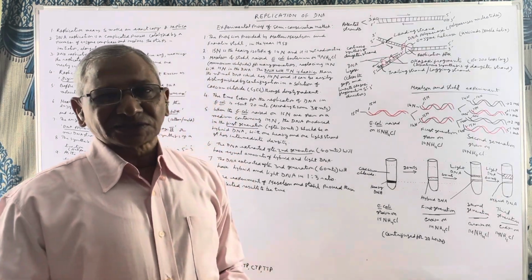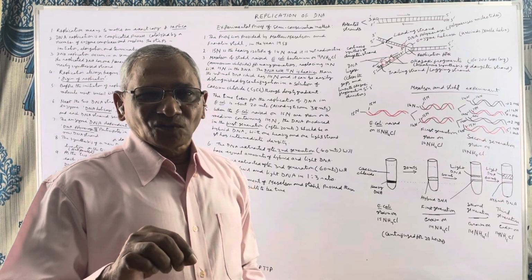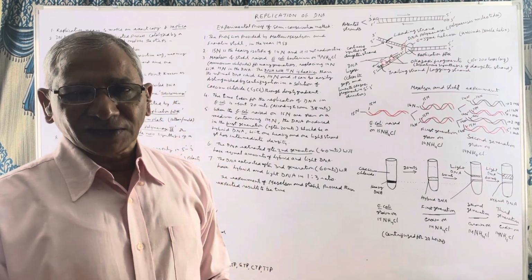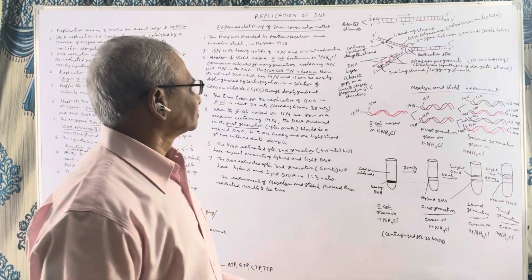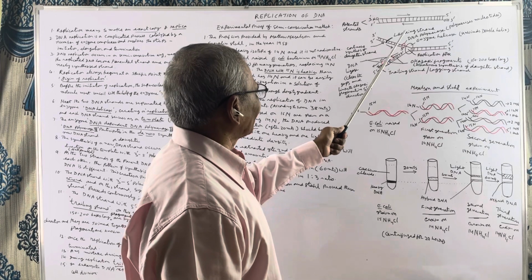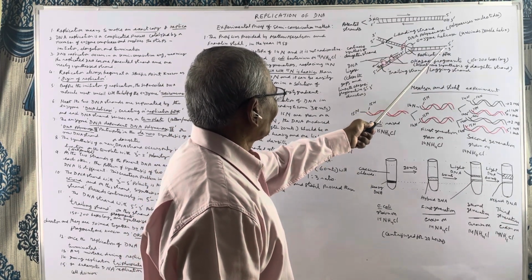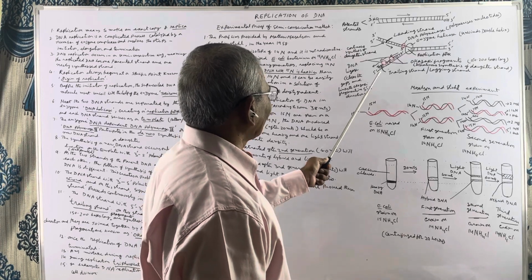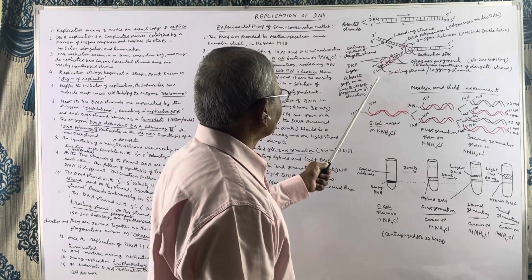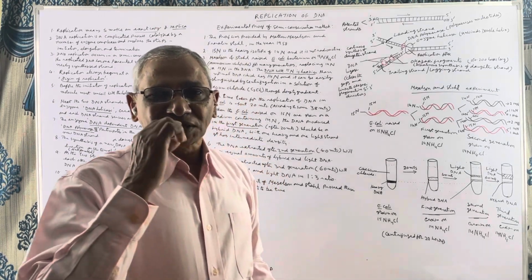DNA synthesis always occurs in 5-3 direction. But the polarity of the parent strands is different. One is having 3-5 direction polarity, other one has 5-3. If you take from this side, 3-5, this is 5-3. This is a very important point.